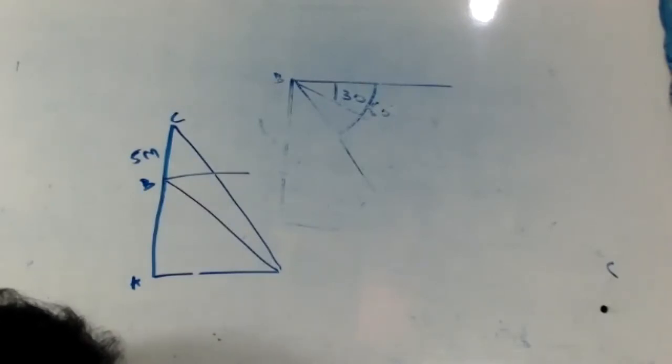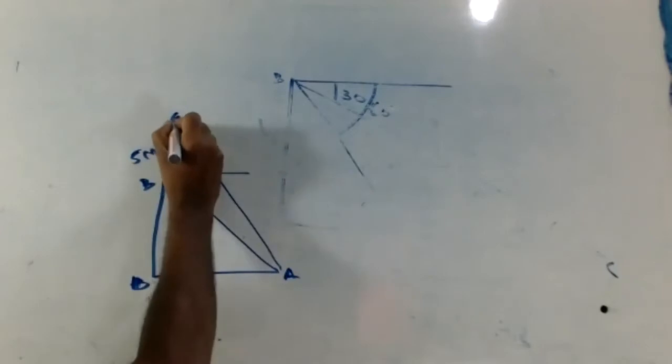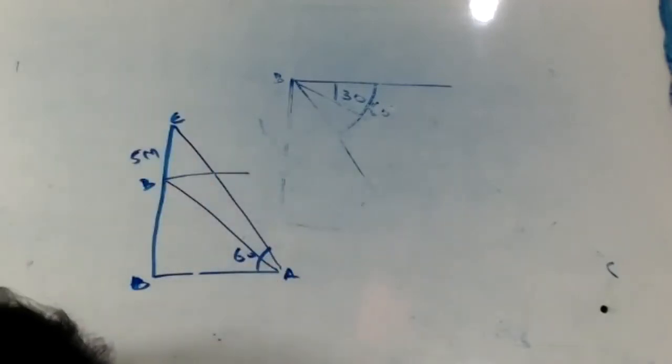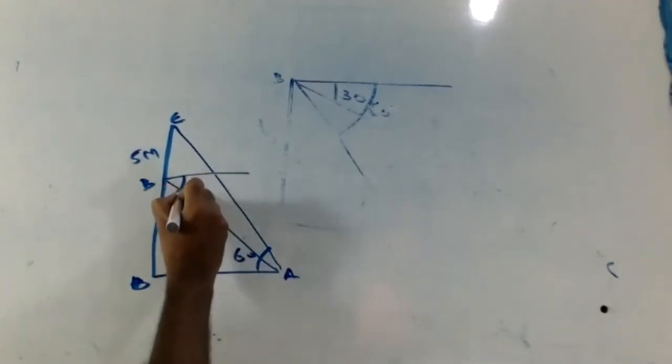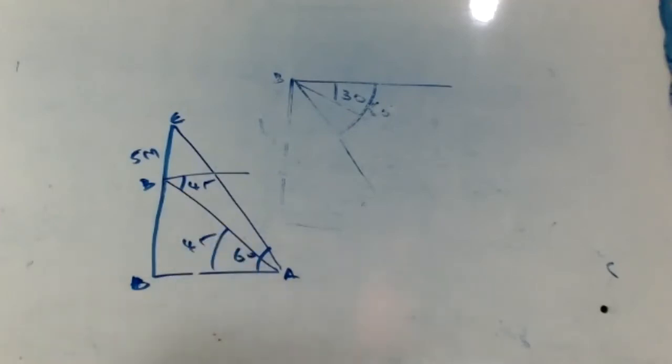The angle of elevation of the top of the pole as observed from the point A: this is A here, B here, C here. This angle is 60 degree. Then the angle of depression of point A from the top of the tower is 45 degree. From here, this is 45 degree. This is the figure.